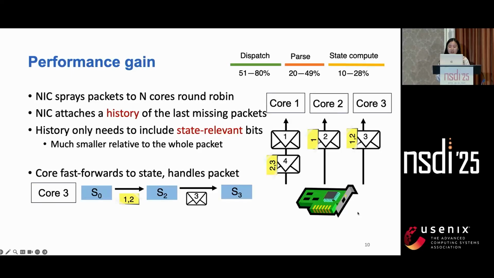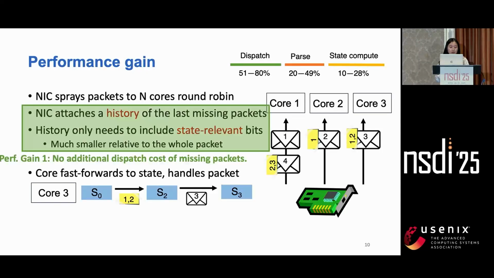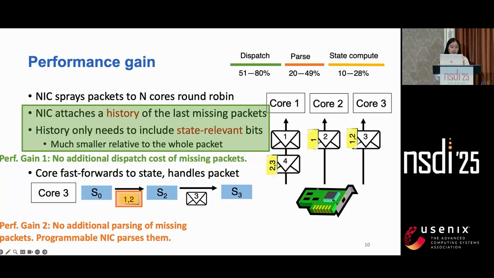And now let's take a look at the performance gain using the processing breakdown we've introduced before. So the first gain comes from the history. We attach the history to the assigned packet, so there's no additional dispatch cost of missing packets. Secondly, there's no additional parsing of the missing packets.